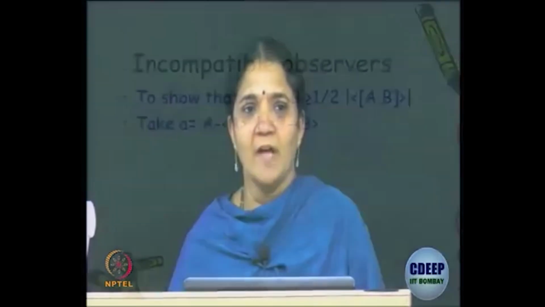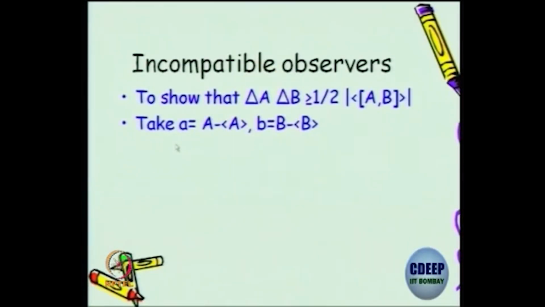So first you write a small little a to be the operator A minus the expectation value of the A operator. So this is basically taking your deviation from the mean value. Similarly, little b in the same way. What happens to the commutator bracket of A with B? It will be the same as little a with little b.